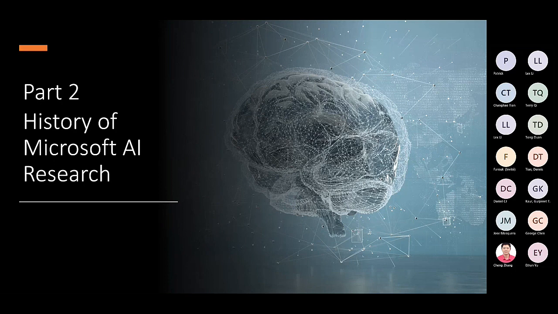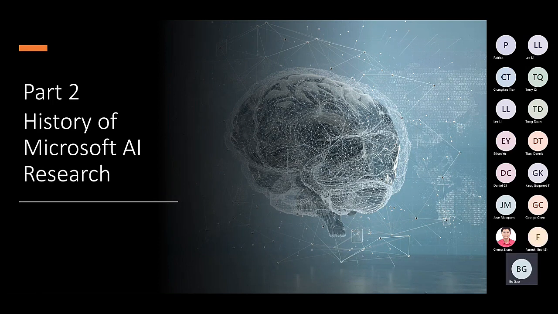Okay, now we move on to part 2. We're going to quickly review the history of Microsoft AI research. So Microsoft started as a software company and somehow entered the market of operating systems in the 1980s.